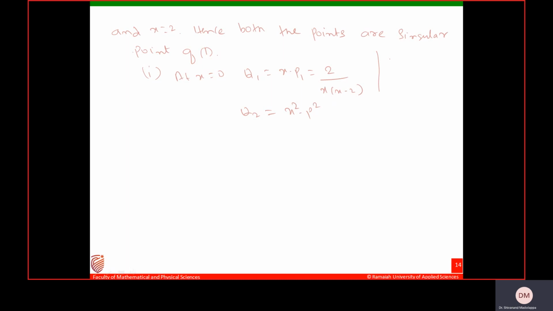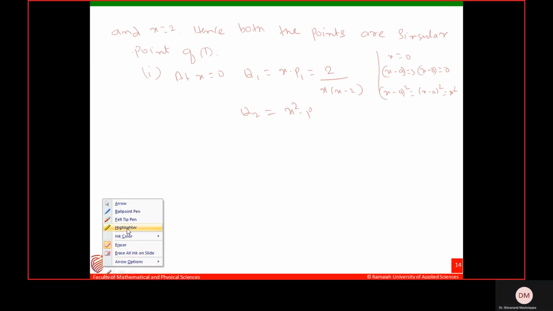Because we are taking here x is equal to 0, x minus a will be x minus 0, so that's why we write x into P1, and x minus 0 whole square again comes x square only, so here x square into P2.